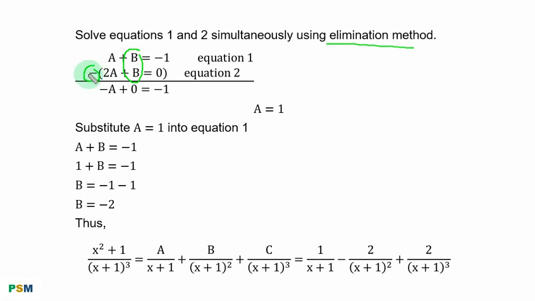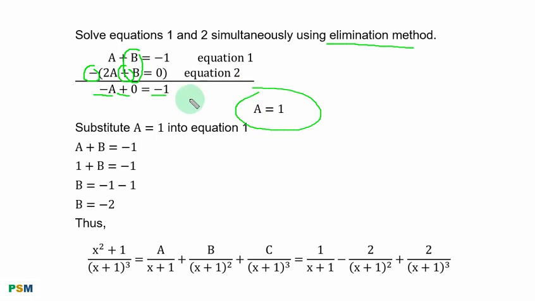A minus 2A is minus A. Minus, we turn this sign to be minus, so that plus B minus B is 0. Minus 1 minus 0 is minus 1. Therefore, you have minus A equal to minus 1. If you multiply through by minus 1 to make A positive, you have A equal to 1.